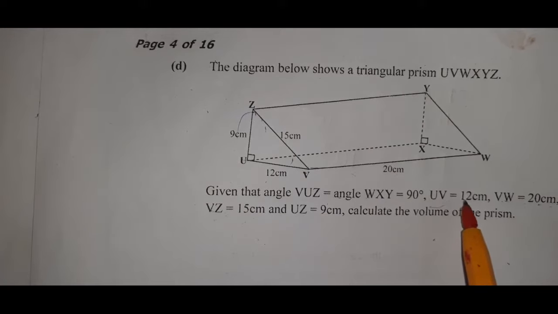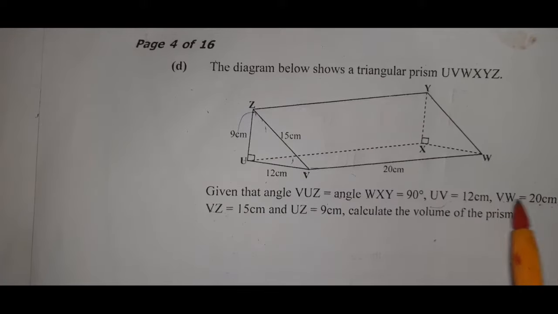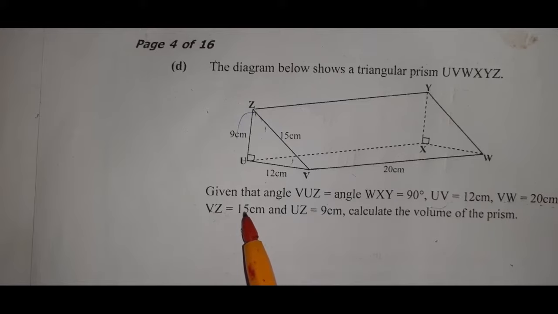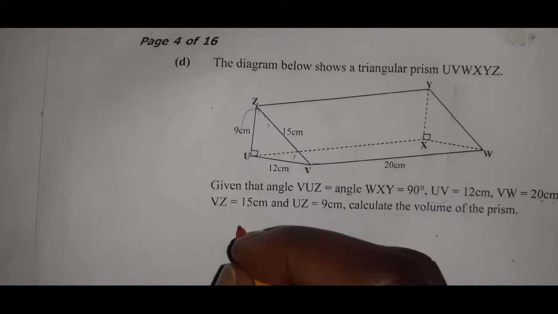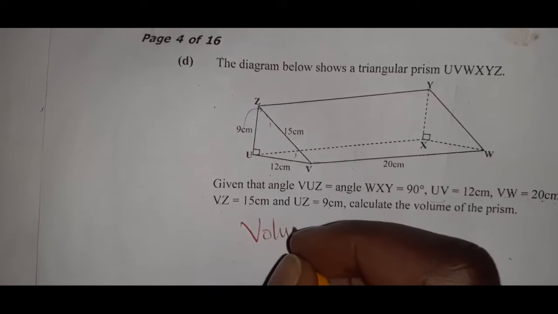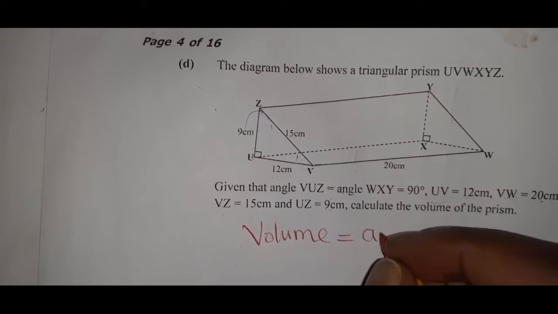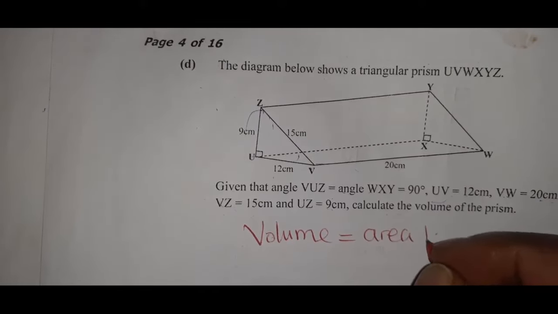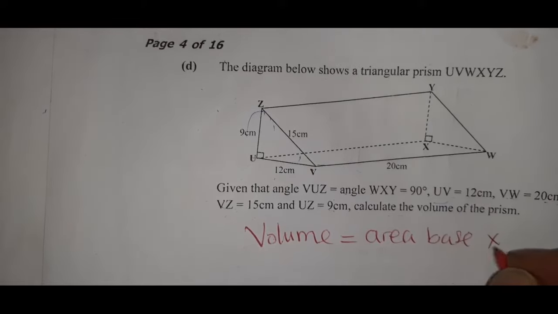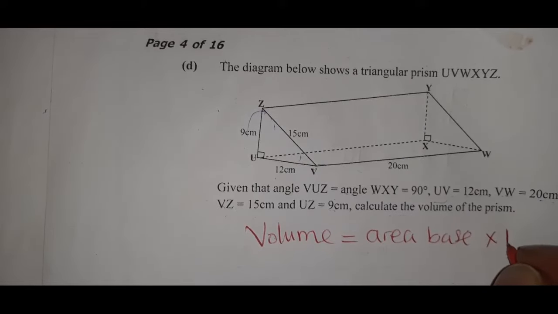And VU is 12 centimeters, VW is 20, VZ is equals to 15, and UZ is equals to, calculate the volume of. So I'm sure you know that the volume is always equal to area base multiplied by the height.